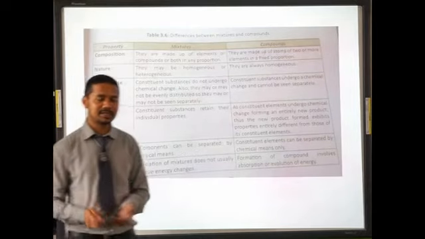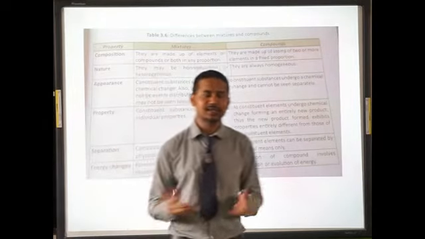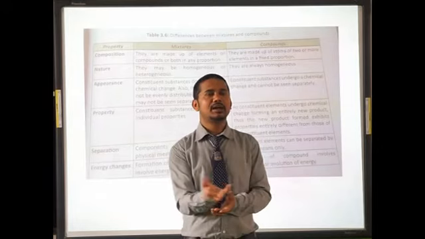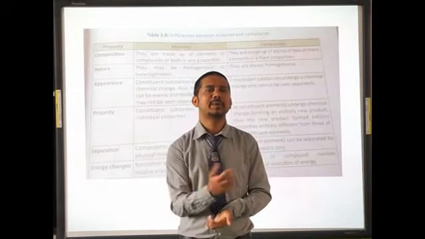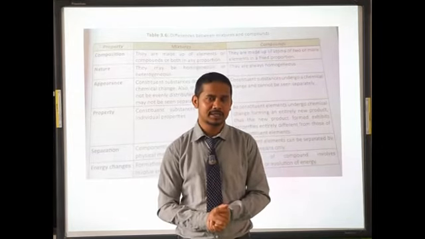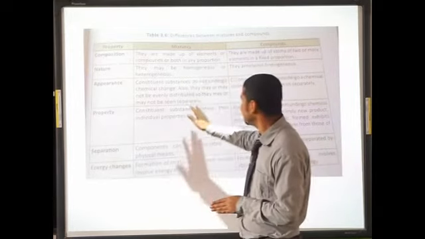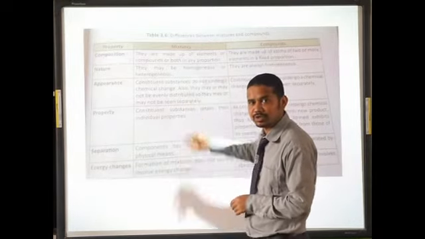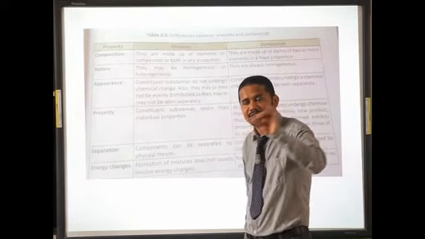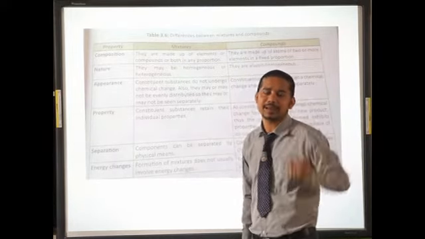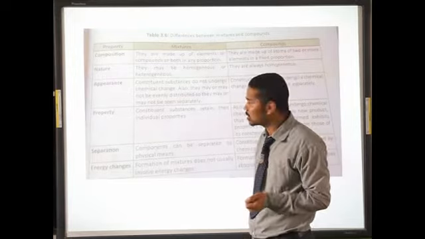If they are seen separately, that is a heterogeneous mixture, because, for example, small pebbles in pulses can be seen through our eyes. And sugar dissolved in water cannot be seen separately, so it forms a homogeneous mixture.